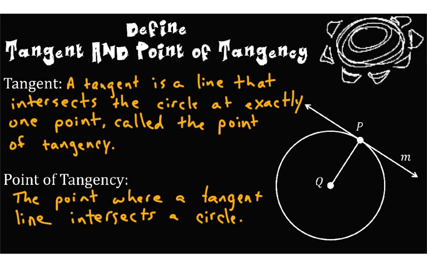So those are the definitions that we're going to need. So just to think about an example, this couldn't be a tangent line because it would intersect at two different places. And this couldn't be a tangent line because it doesn't intersect anywhere.